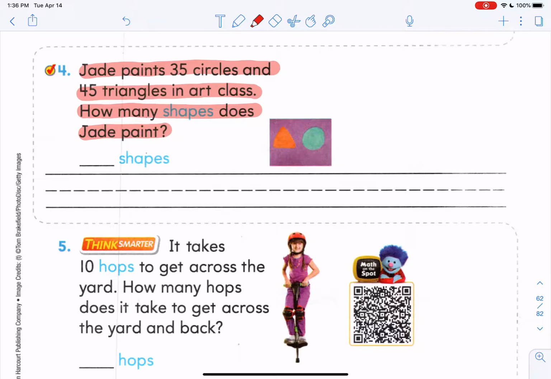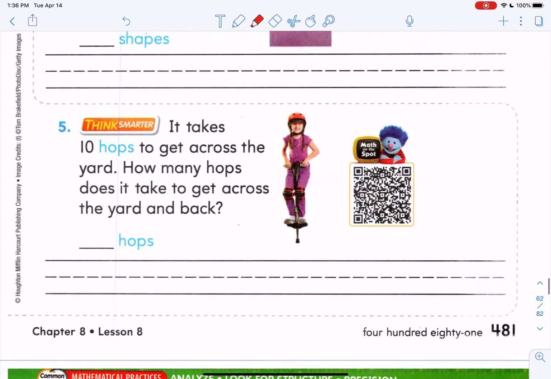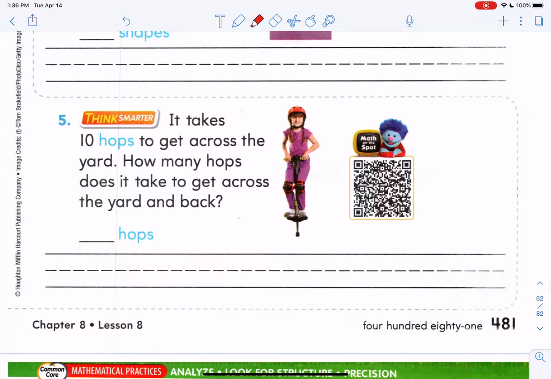Now the last one here, problem number 5. This one is the Math on the Spot video. So I'll include the link to the Math on the Spot video so you can watch it, but I'll still read it to you. It's a little tricky. It reads, it takes 10 hops to get across the yard. Look at the girl.